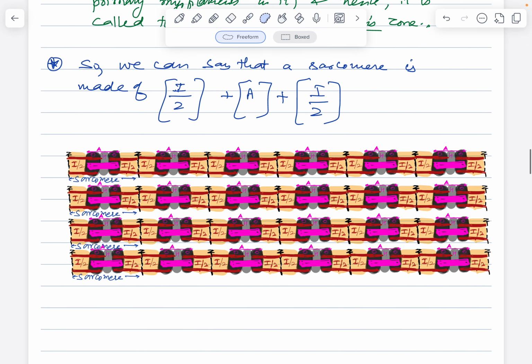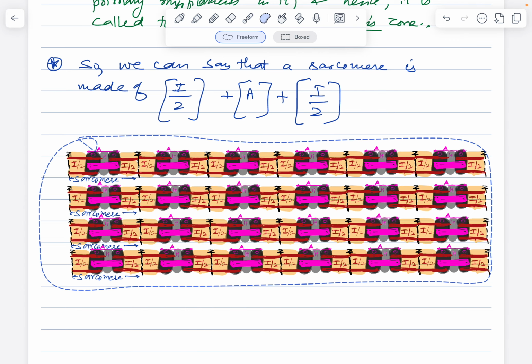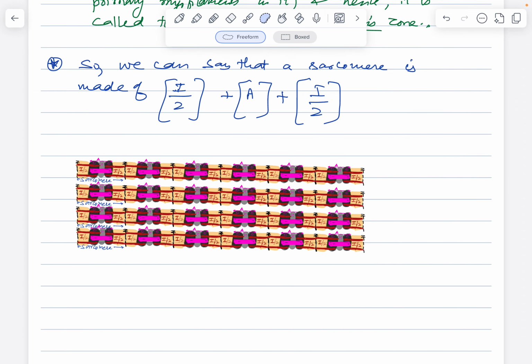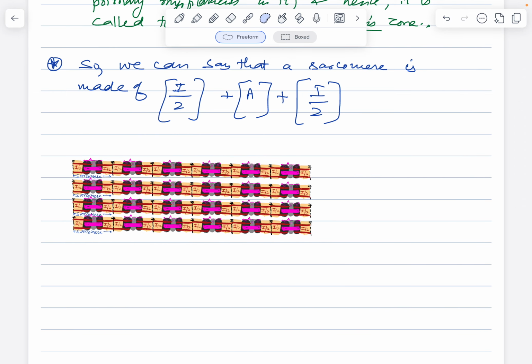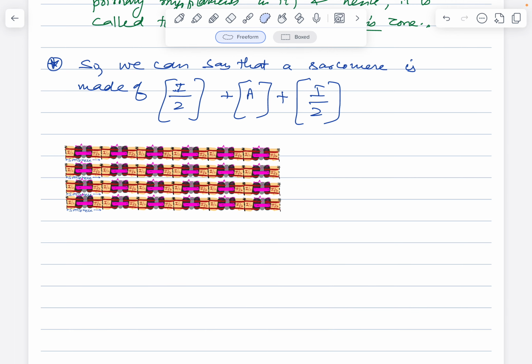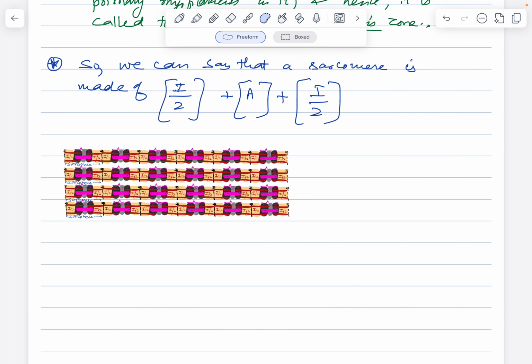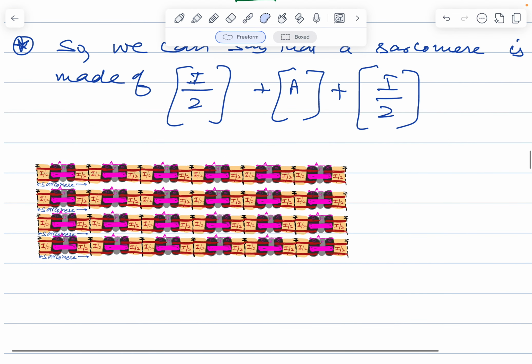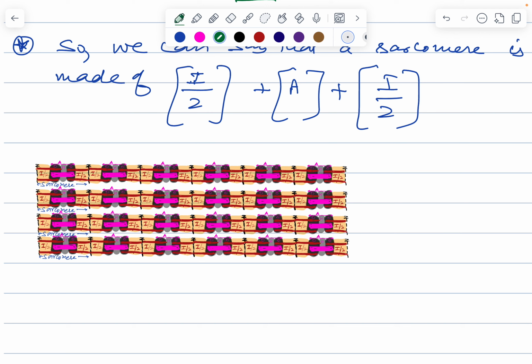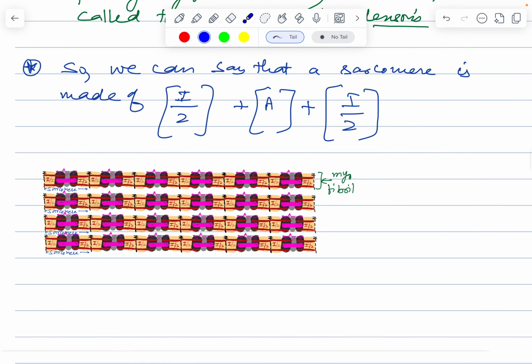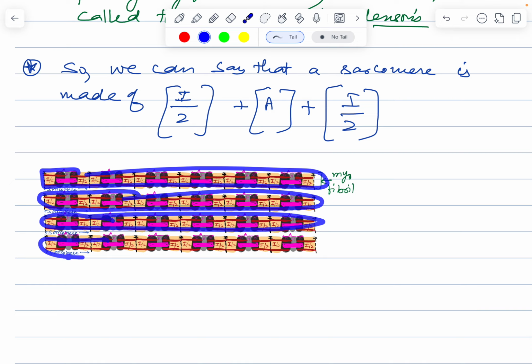So these are, let's say, various myofibrils. How many of them? 4. So in this picture, what is this that you're looking at? A myofibril. This is a myofibril. Second myofibril, third myofibril, fourth myofibril.